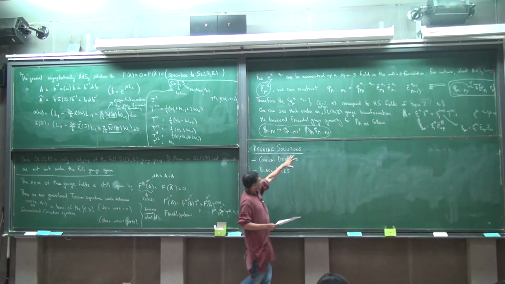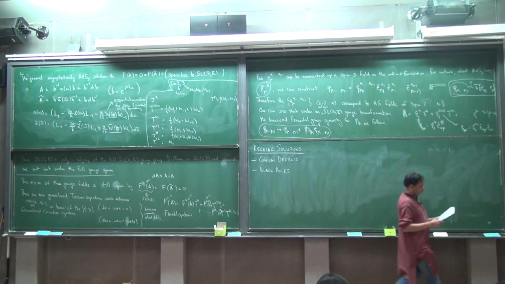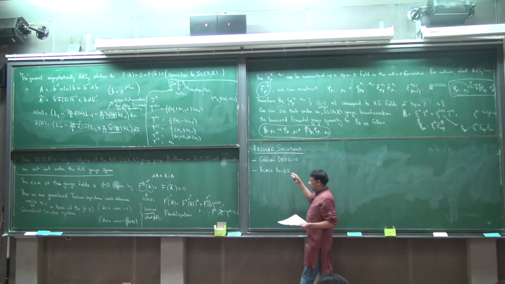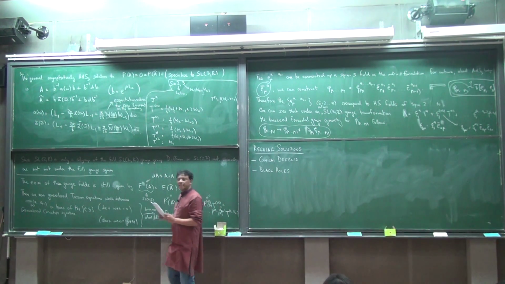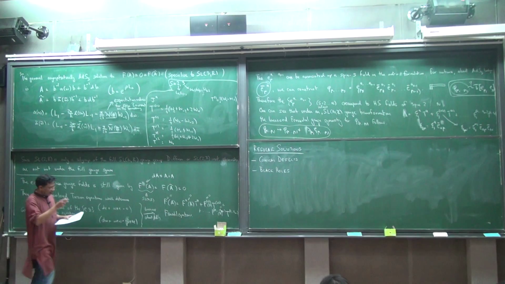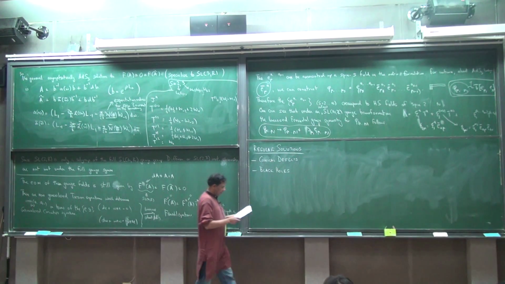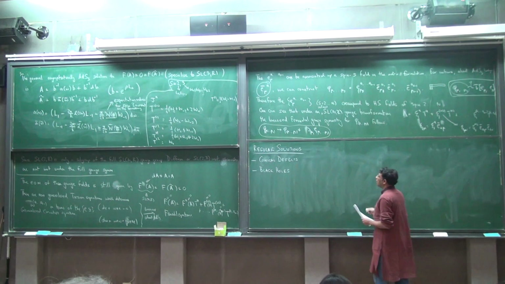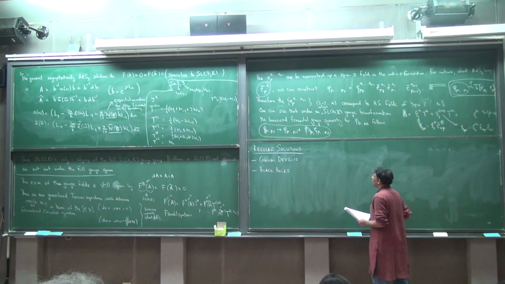These conical defects are in some sense new regular solutions which didn't exist in the SL2R theory. And the reason, okay, let me just explain what these are, and then I'll explain the name.